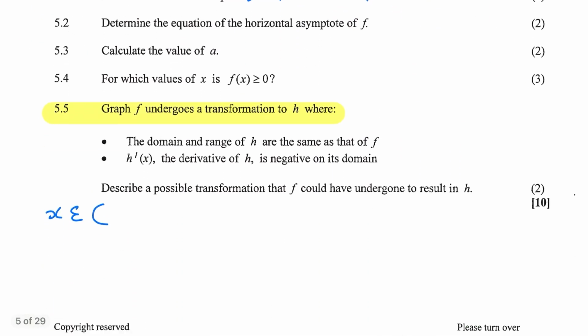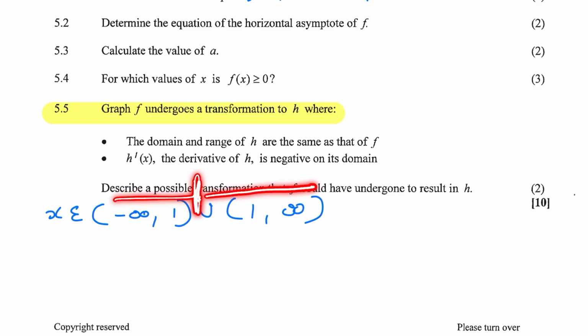So the domain of F is from negative infinity to 1, union, 1 to infinity. Meaning it goes from negative infinity, and when it reaches 1, it doesn't touch 1, but it skips 1 and it goes again to positive infinity.